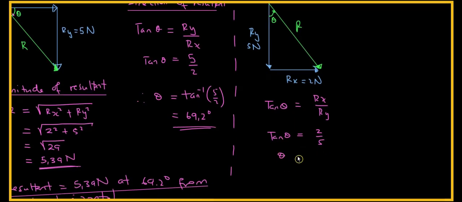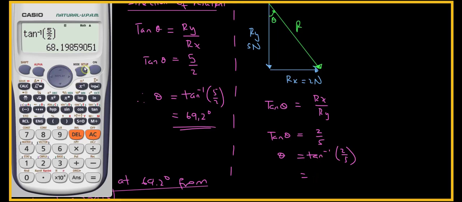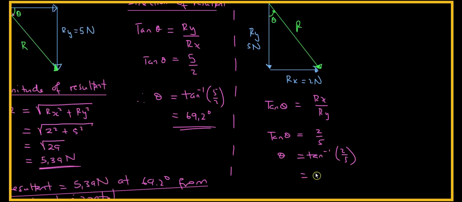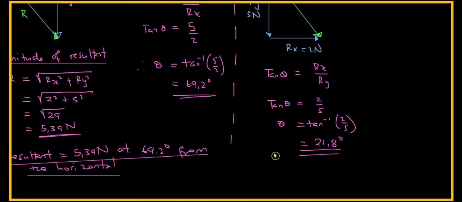Therefore, my theta would be equal to tan inverse of 2 over 5, which is equal to, let's check, 21.8 degrees.